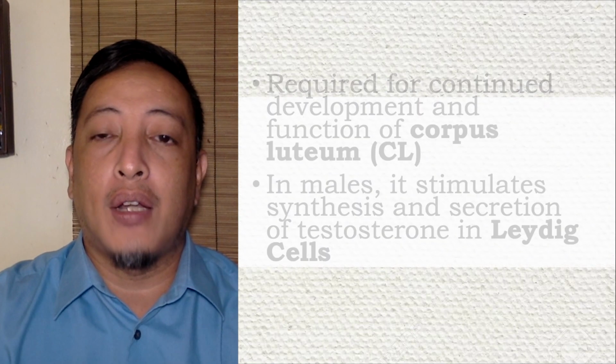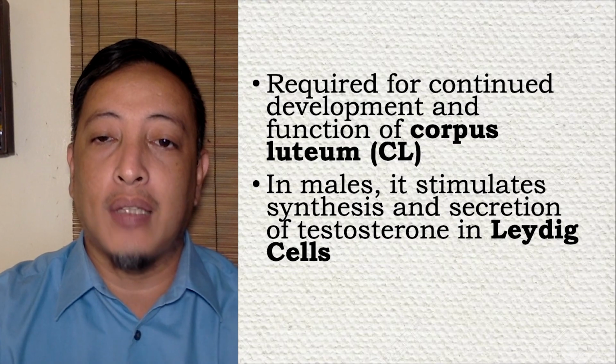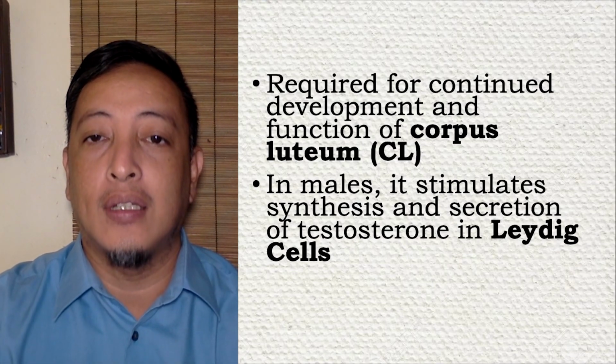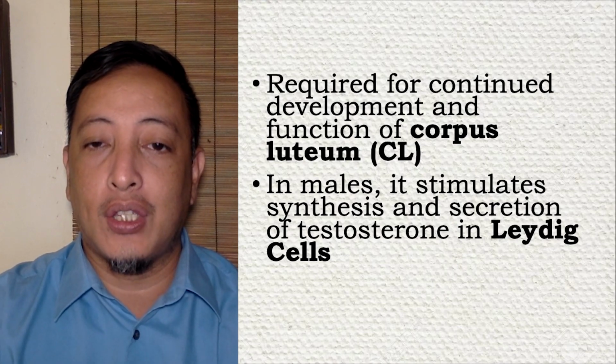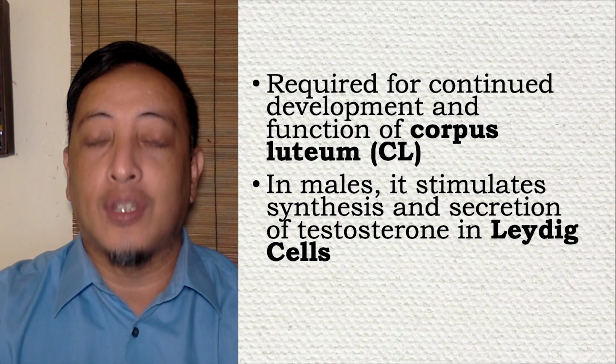So this is required for the continued development and function of the corpus luteum. And in males, it stimulates synthesis and secretion of testosterone in Leydig cells. So that's the effect of the LH, or in males, it is called the interstitial cell stimulating hormone.